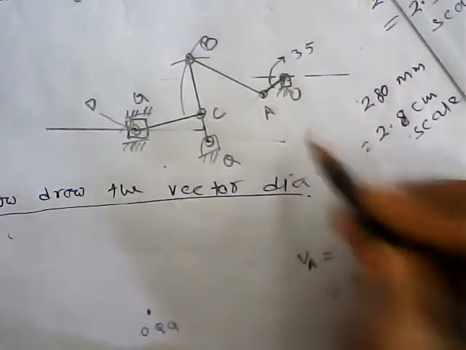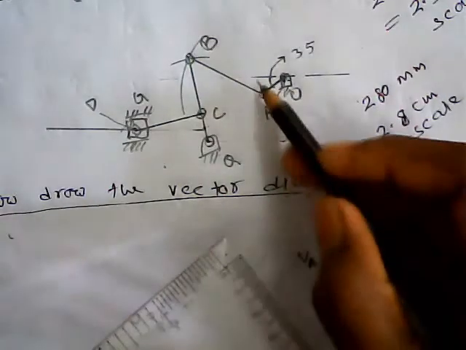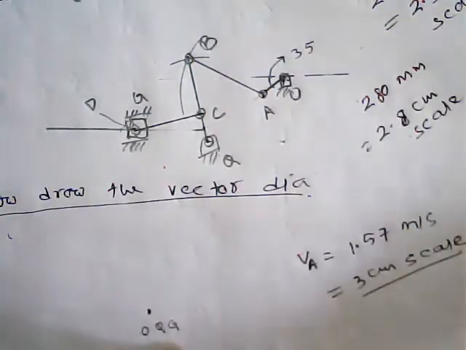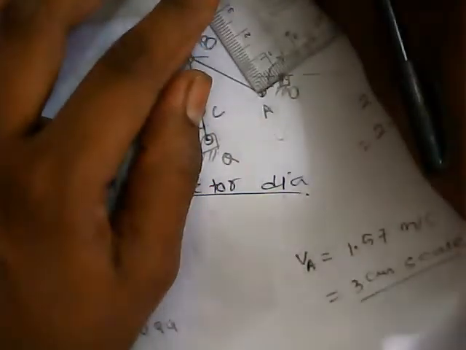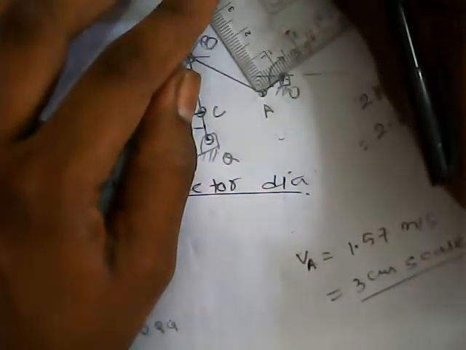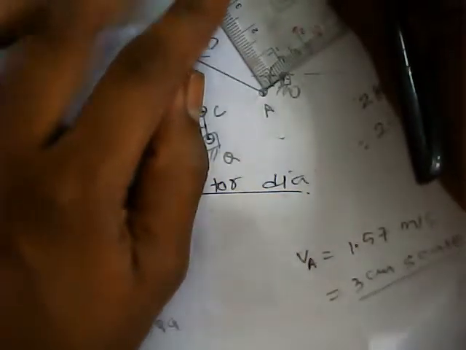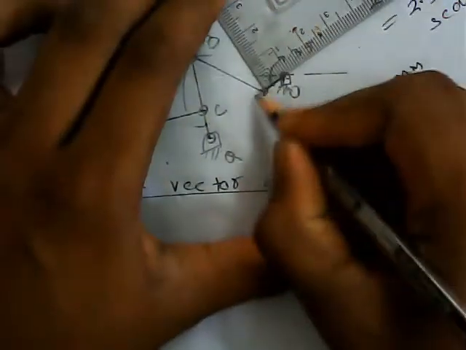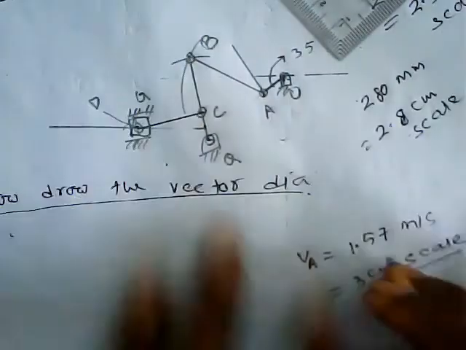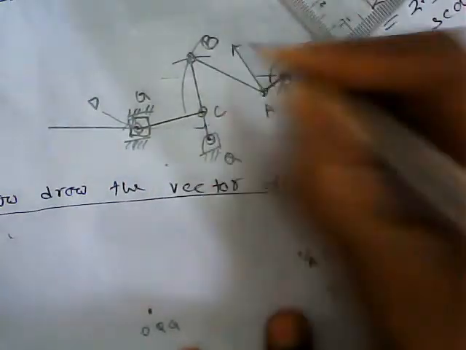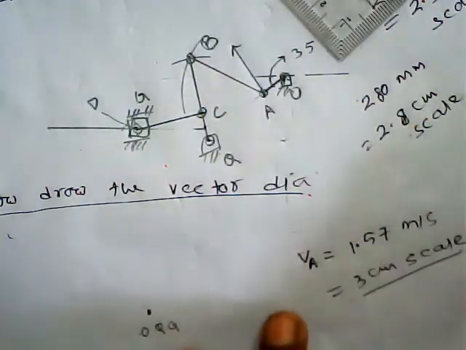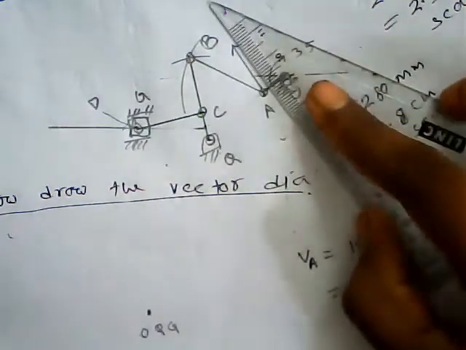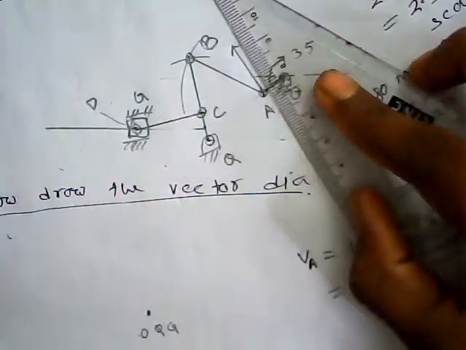So OA is 3 centimeter. The velocity of A is 3 centimeter in scale, and it is perpendicular to OA. The direction is perpendicular to OA, and it passes through point O, because it is the velocity of A with respect to O. And as it is clockwise, the velocity direction is along this.